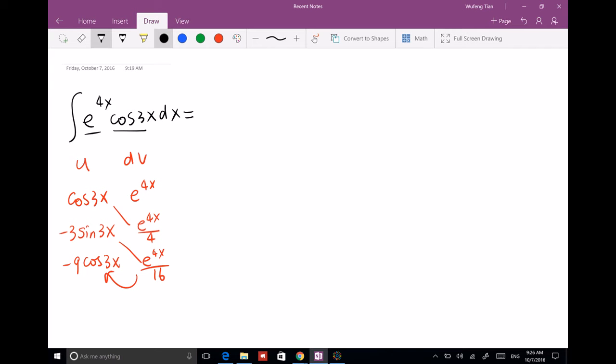Tabular method. e to 4x over 4, minus 3 sine 3x, and then that would be plus before that.